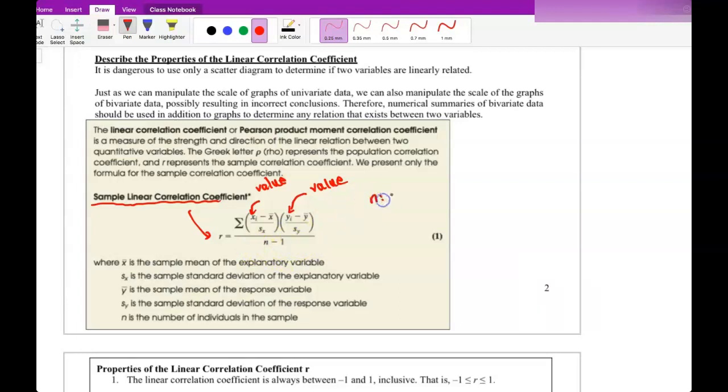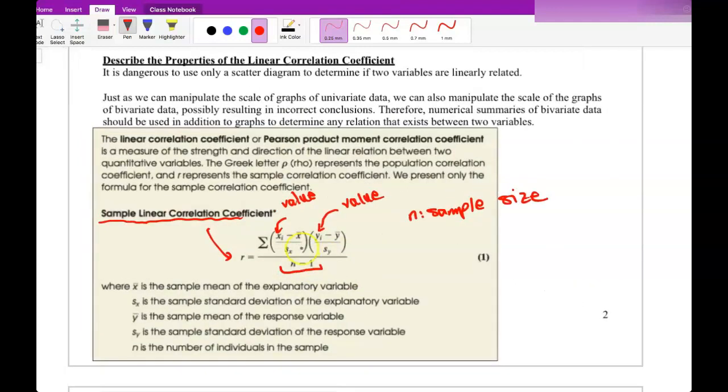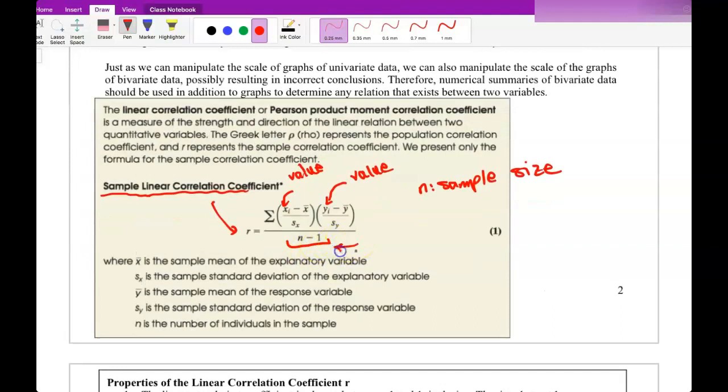So n is the sample size, and n minus 1 is the degrees of freedom.